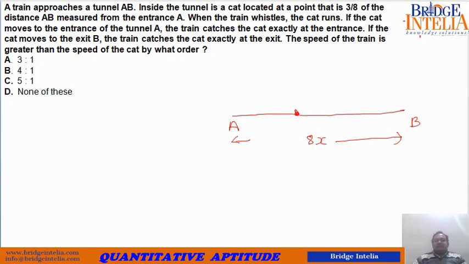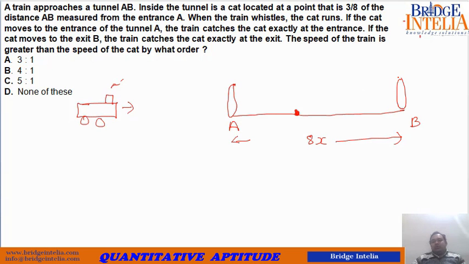So the cat is at such a distance that she is 3/8 of the total distance between the two ends of the tunnel. Now a train is about to enter this tunnel. So let's suppose this is the train. Train is moving. So the cat heard the whistle.